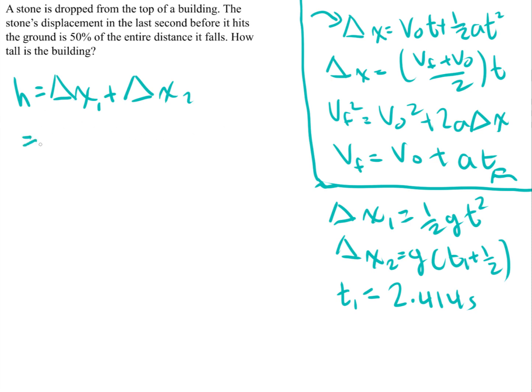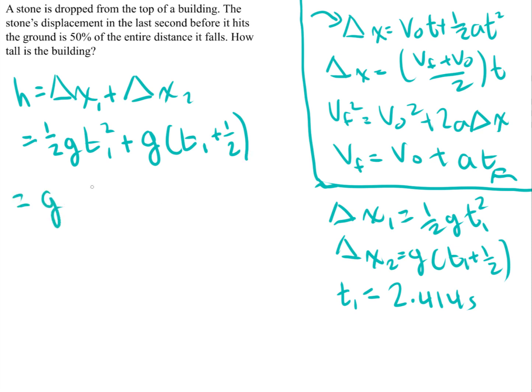So this becomes 1/2 g t1 squared for delta x1, plus delta x2, which is g times (t1 plus 1/2). Again, we can factor out the g to get g times (1/2 t1 squared plus t1 plus 1/2).